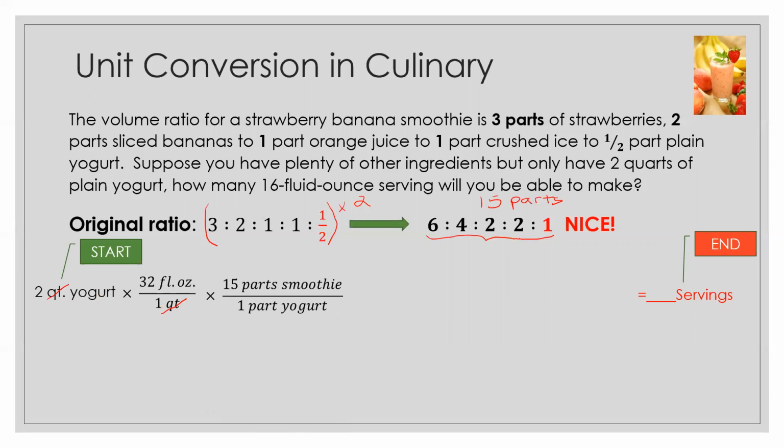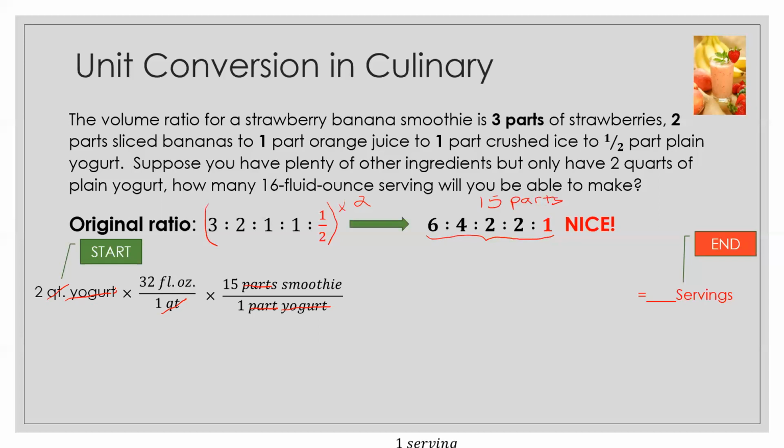And from this ratio, we know that there is 1 part yogurt to 15 parts smoothie. So then part yogurt cancels with yogurt, right? So the unit that we are in right now is fluid ounces of smoothie. And that's good because we're serving smoothie now.